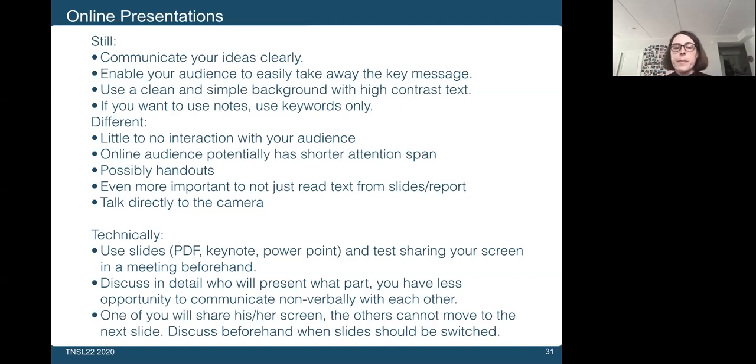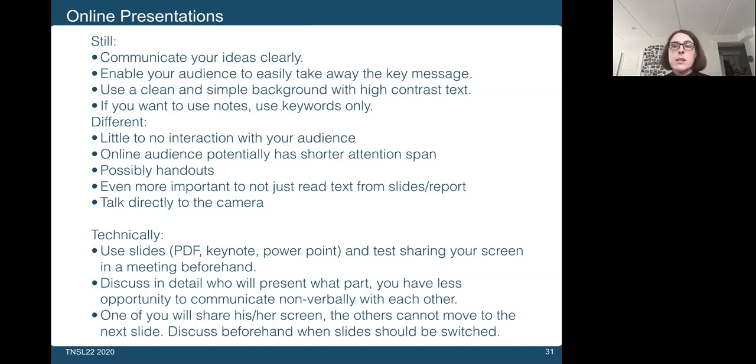And there's this other thing: if you give a presentation in a room, you can just pass on the computer and the next person can click on it, or you can pass a remote along. This will not be possible here either. There's one person of each group who will share his or her screen, so the others are not able to say, okay, now please do that again.